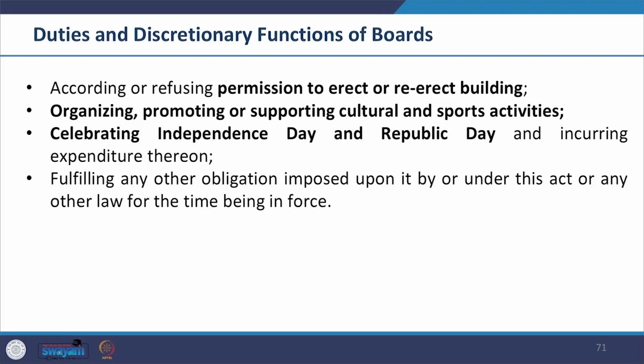So you see all these duties they have. They also are responsible for giving permission for construction of buildings, and then also organizing, promoting, or supporting cultural and sports activities, and so on. So these are the long list of the duties which the Cantonment Board has.